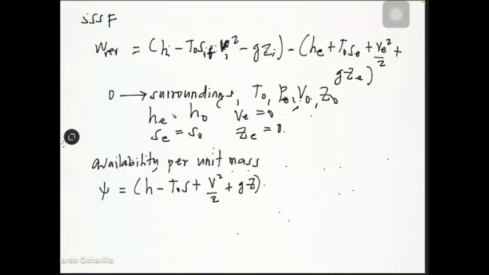It's the same relationship, the same equation here, but there's some additional when we have this availability. Availability is the maximum potential work that can be attained for any device, because we consider a dead state wherein the velocity is zero, and it is dead, no movement. By that we can determine the maximum reversible work that can be devised.